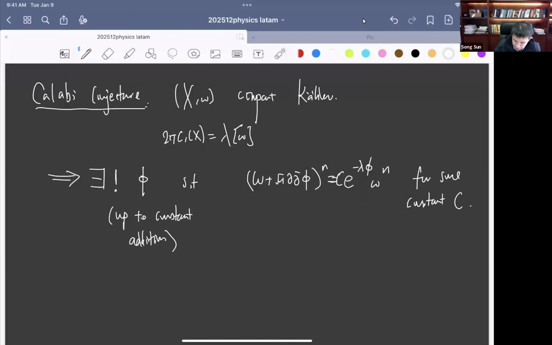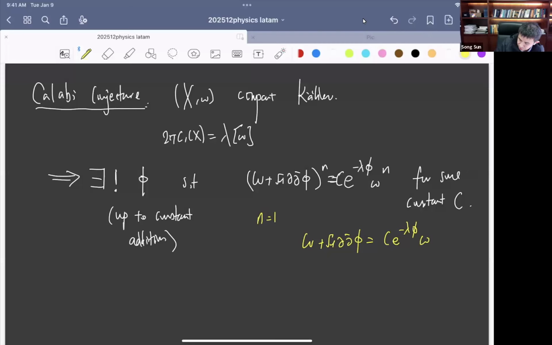You can view this as a kind of nonlinear Laplacian equation, like the general Einstein metric is also a nonlinear Laplacian equation for the Riemannian metric. Here, this is viewed as a nonlinear Laplacian equation for the function phi. If n equals 1, this is just omega plus dd bar phi equals c e to the negative lambda phi omega.